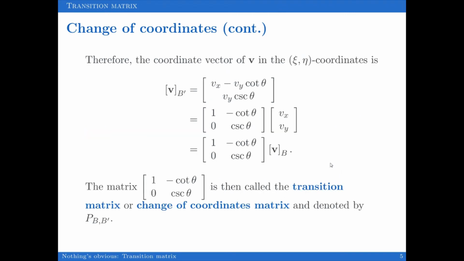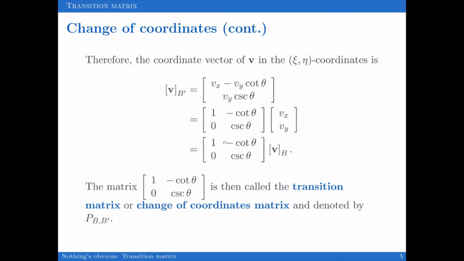And we may write them in matrix expression. So we have the coordinate vector with respect to the B prime basis and the coordinate vector with respect to the B basis.